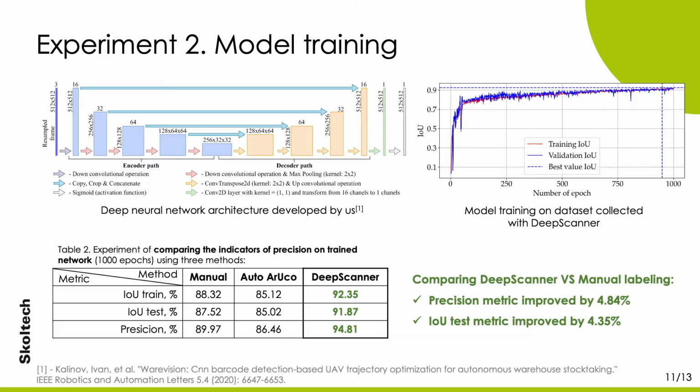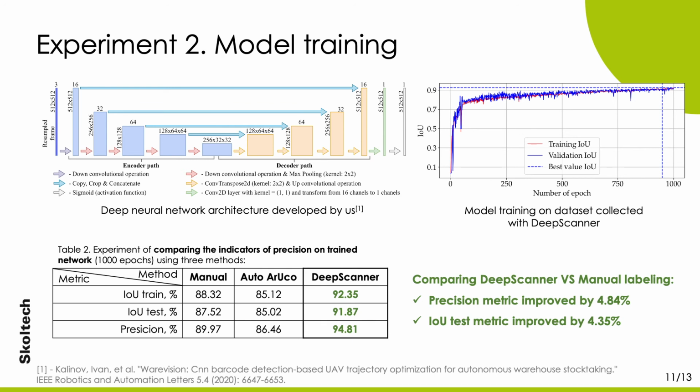The second experiment is based on the use of labeled data obtained earlier to test the training of a neural network. As a neural network architecture, we chose the previously described architecture based on UNet with several modifications. The neural network was trained for each of the proposed data collection methods. Each approach used the same original images with the appropriate labeling. Each dataset consisted of 400 images.